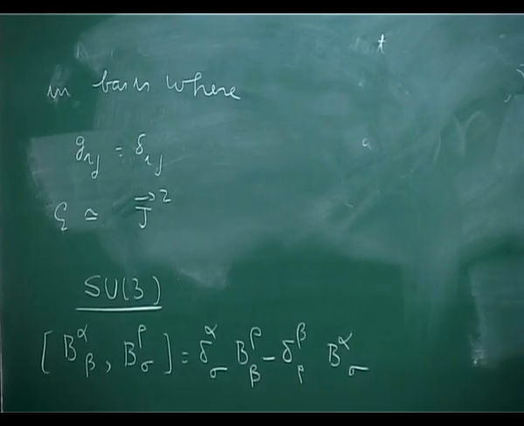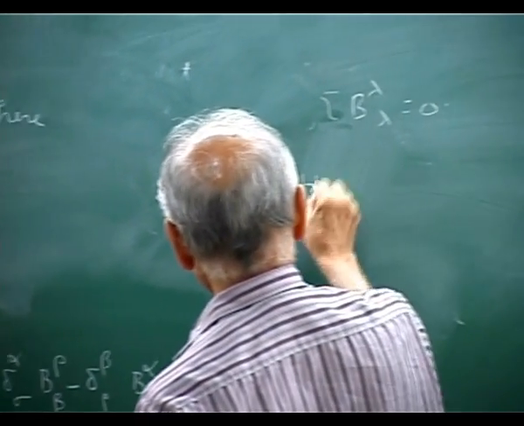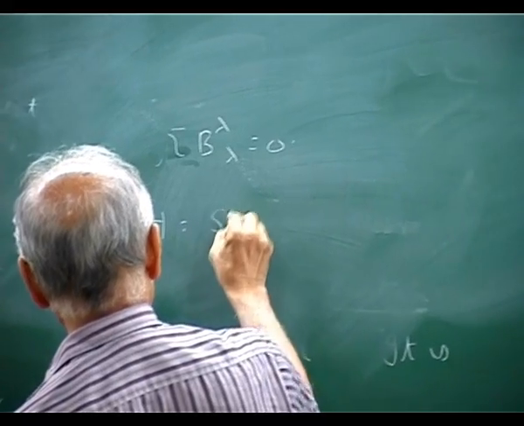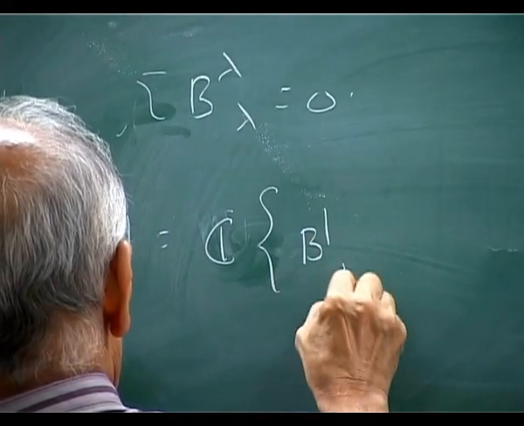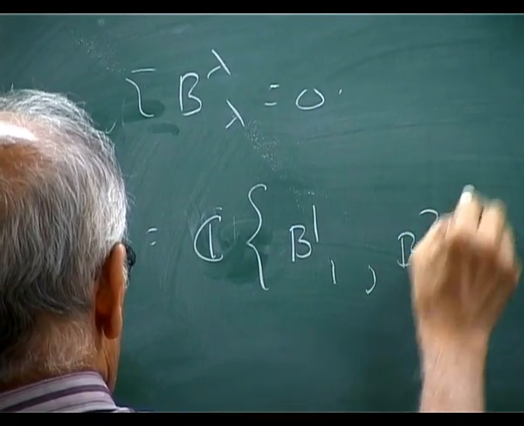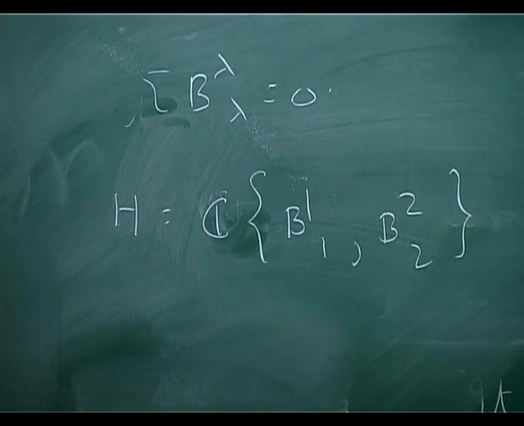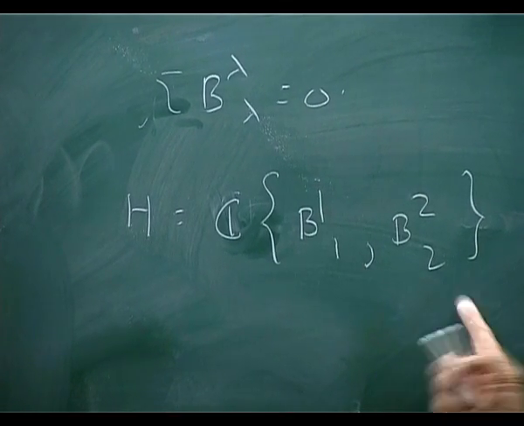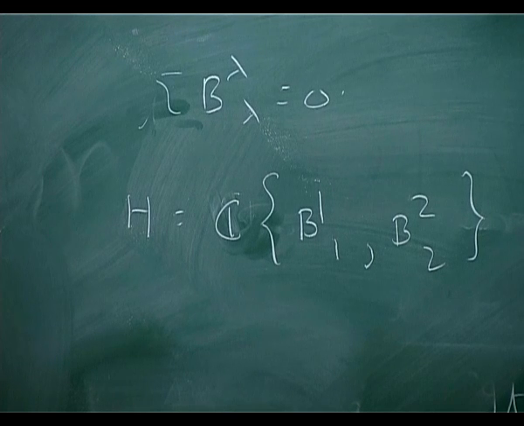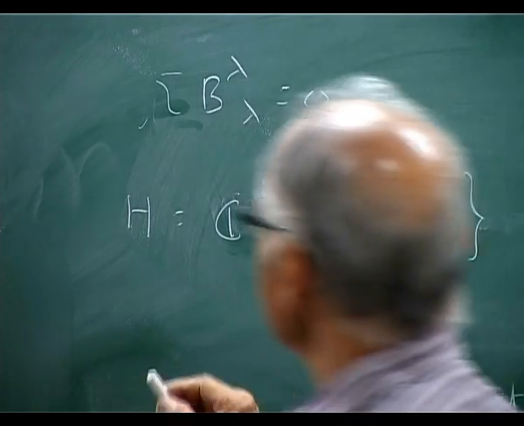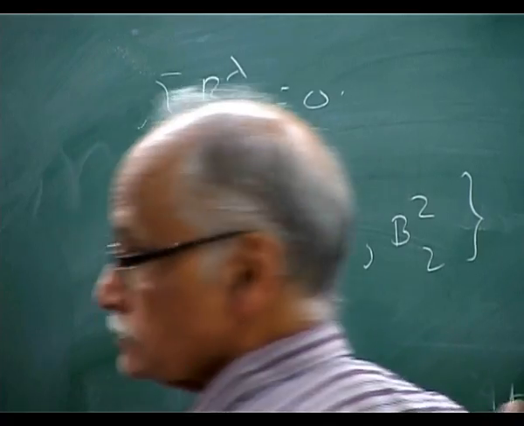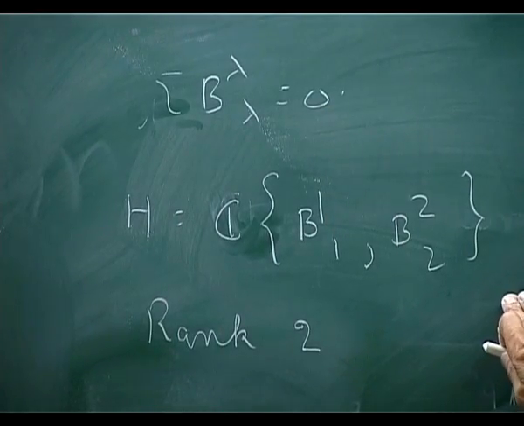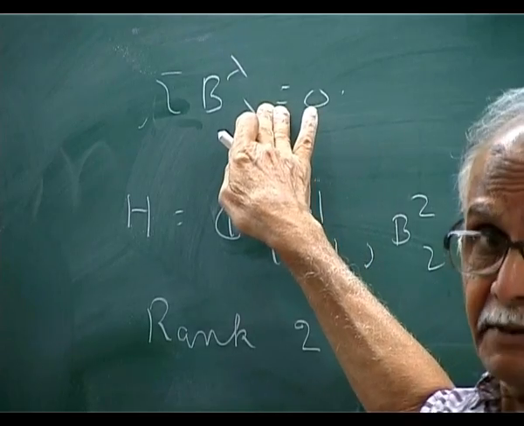So the H is spanned by the span of B_1^1, B_2^2, because when I take the commutator I get delta_12, which is 0. So it is just 2 dimensional, so rank is 2. B_3^3 is fixed by B_1^1 and B_2^2 by this equation.